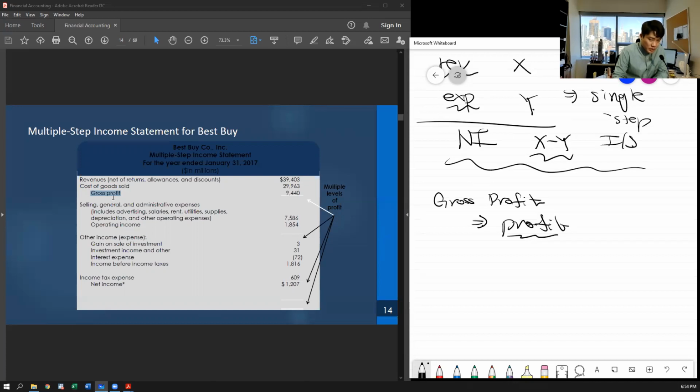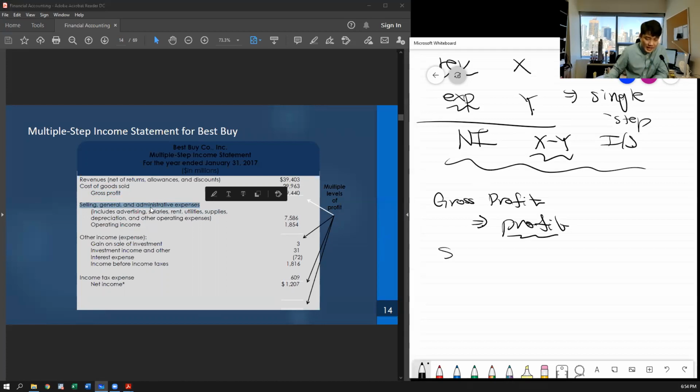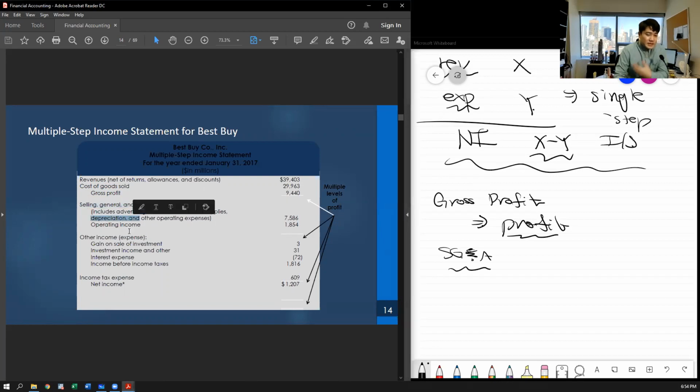And below that gross profit, there are other expenses reported. For example, as I keep mentioning, selling, general, and administrative expenses, or what we call SG&A. For SG&A, there will be depreciation expenses, salaries expenses, rent expenses, and utilities.